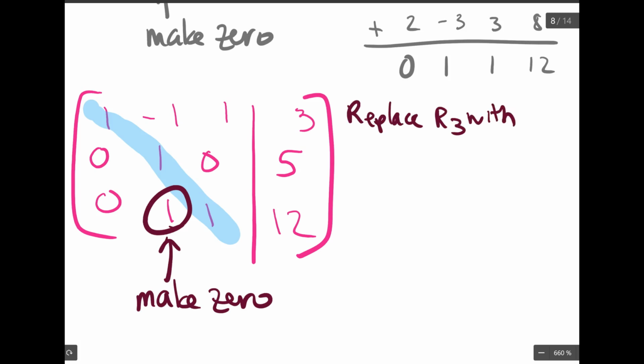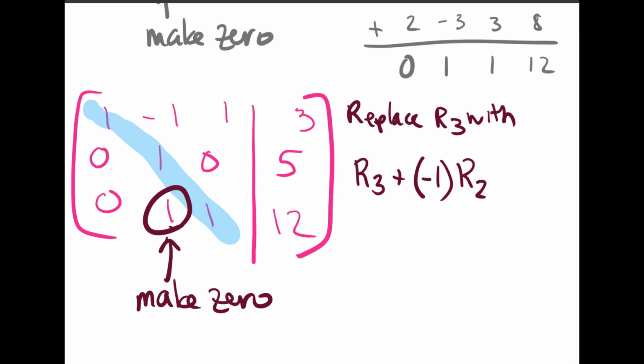with. So I'm going to do R3 plus -1 times R2. When I multiply R2 by -1, then add it to R3, it's like I'm subtracting it. I can multiply by -1 and then subtract.